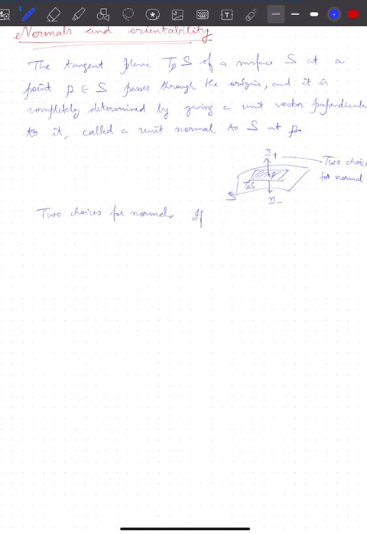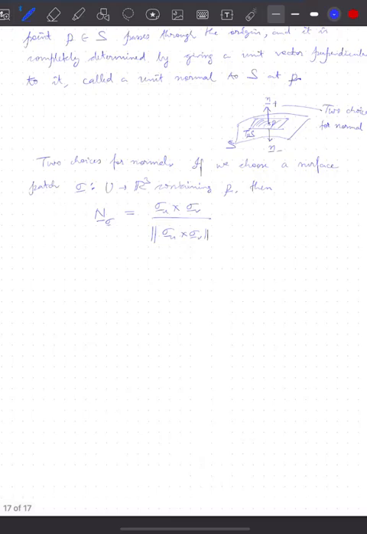However, say if we choose the surface patch sigma from U to R3, containing vector P, then we can define the unit normal vector to this surface patch to be simply sigma_u cross sigma_v by the norm of sigma_u cross sigma_v. This is an obvious choice.